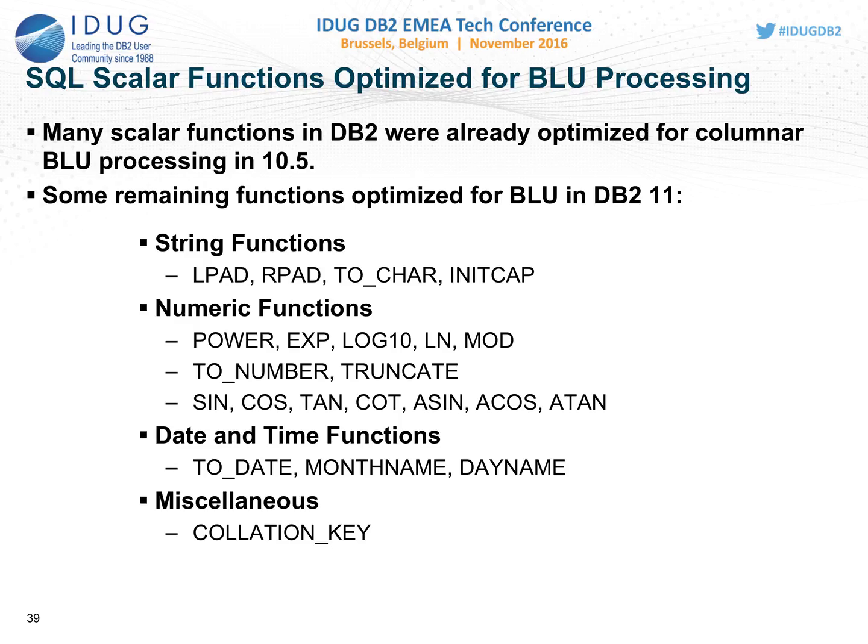So now we have addressed another set of scalar functions to optimize them, or in some cases to re-implement these scalar functions for native execution on the blue data format. So in 10.5, if you had queries that maybe used LPAD, RPAD, or LOG or MOD and so on, you might have seen that the execution plan, the performance was not as optimal. That looks a lot better now for this additional set of scalar functions.